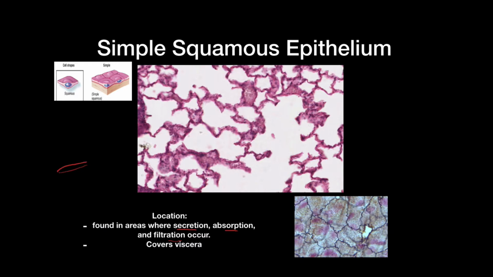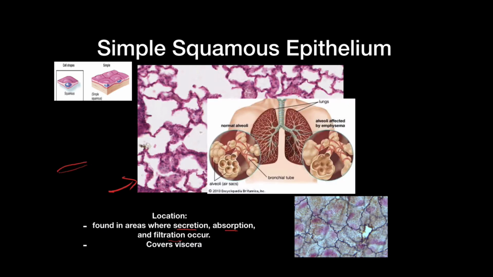If you use this picture as an example, I don't know if you're familiar with the alveoli. This is going to be alveoli right here. You're going to find them in the lungs. You breathe in air, and that air goes into your lungs, then into what are called bronchial tubes, and then into those air sacs called alveoli. This is where the exchange between oxygen and carbon dioxide happens. You'll find a lot of capillaries surrounding these alveoli.